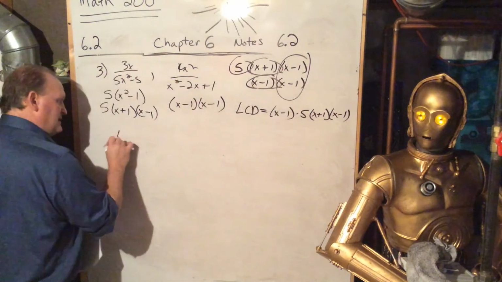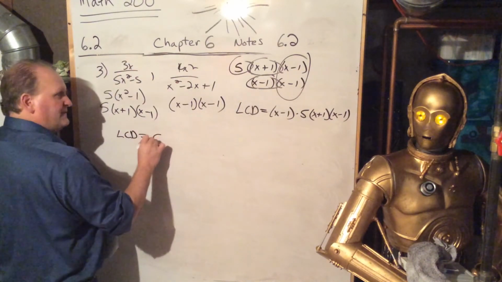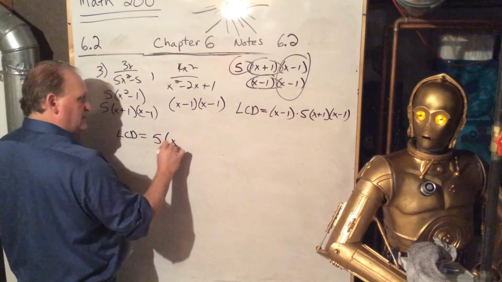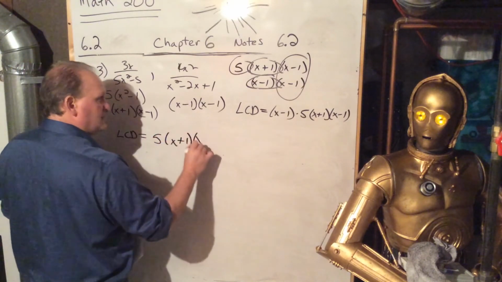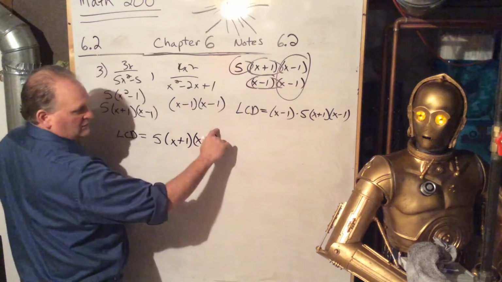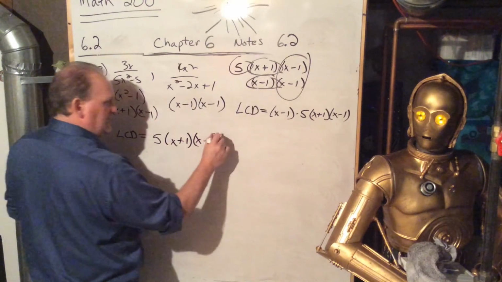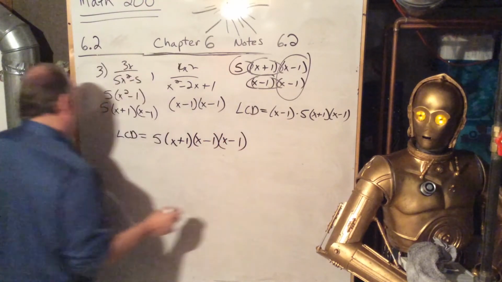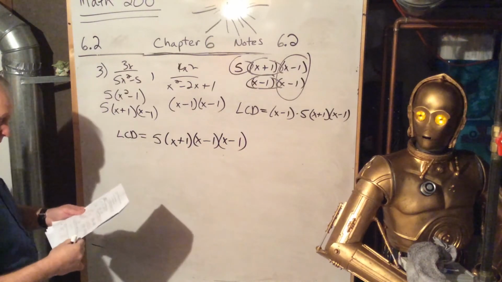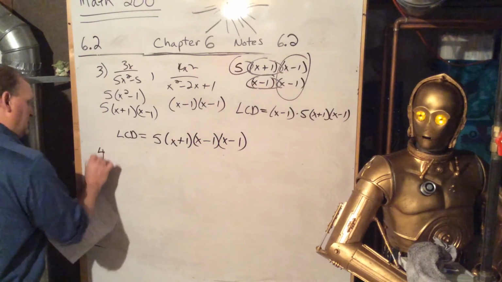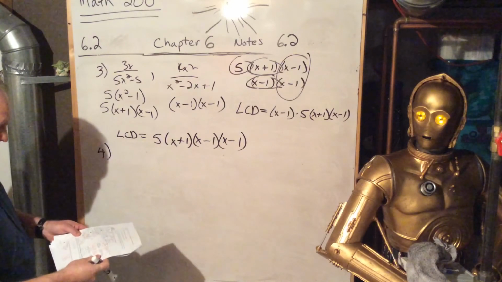So our LCD for this problem is 5 times x plus 1 times x minus 1. And now if you wanted to, you could put a little squared there, fancy, or you could just leave it x minus 1 twice.